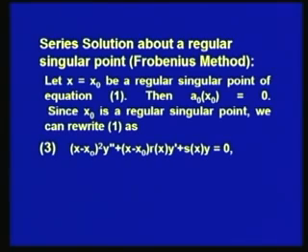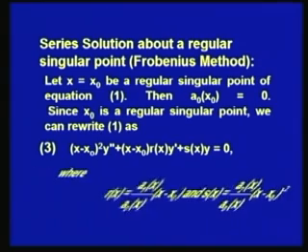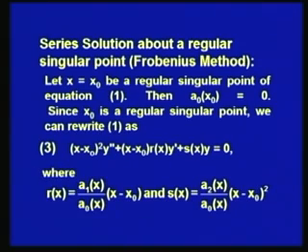Let us now discuss series solution about a regular singular point. This method is called the Frobenius method. So let x equal to x naught be a regular singular point of the differential equation 1, then by definition of a singular point, a naught of x naught is equal to 0.